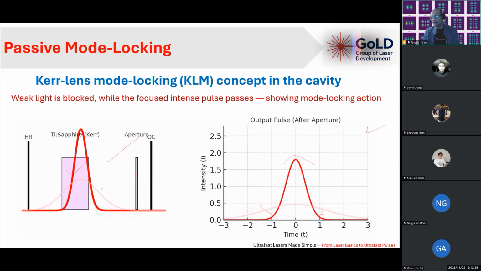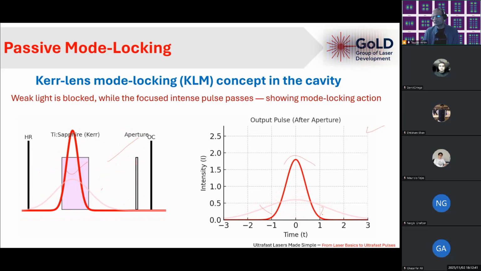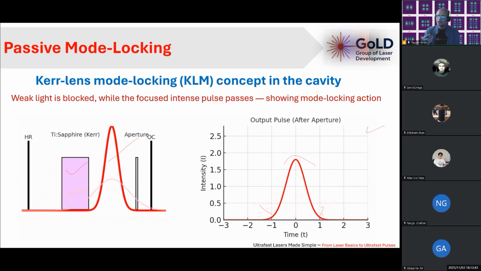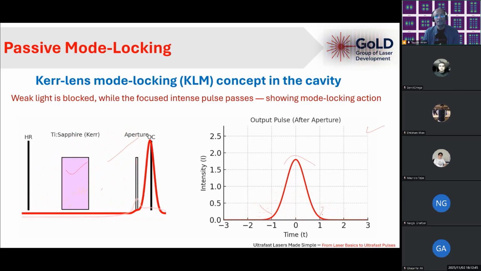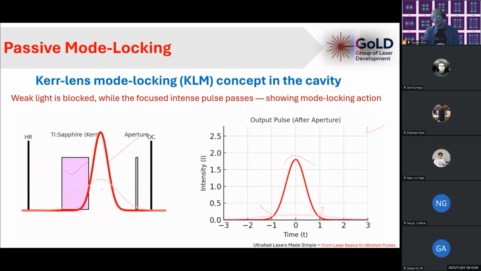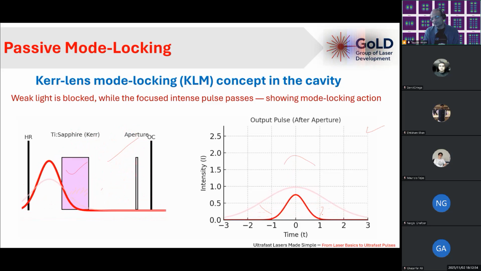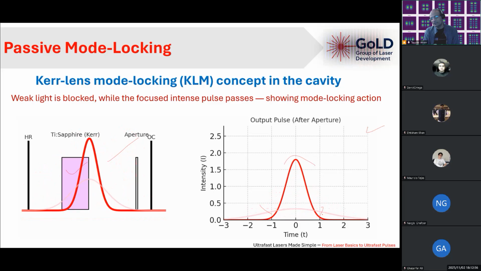The Kerr medium is there, which is titanium sapphire, the most famous ultrafast laser gain medium. When the pulses pass through, they amplify there, but the low intensity pulses are blocked by the aperture.